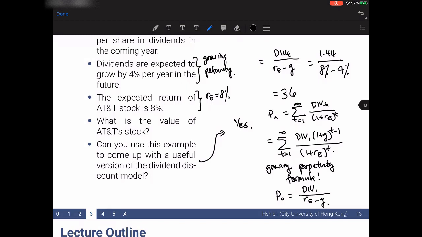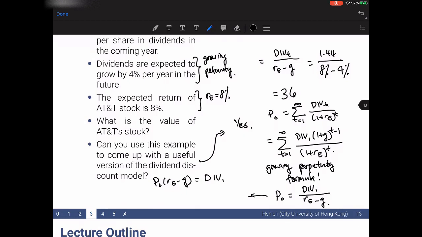We can do the same exercise as we did to understand the relationship between the cost of capital and the dividend yield and capital gains returns, right? Capital gains yield. So let's multiply both sides by RE minus G, so we have RE minus G equal to div1.